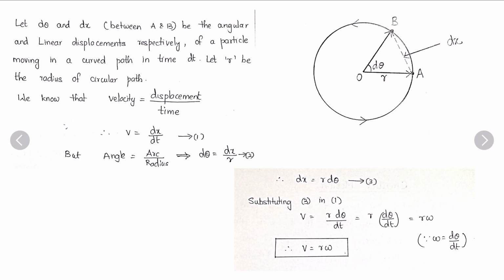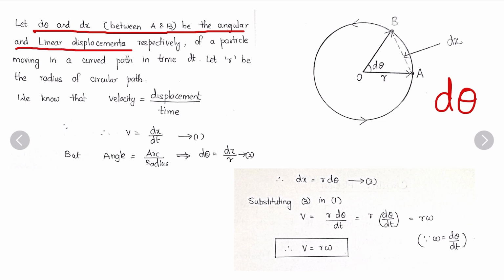Now when the object has moved from A to B, it makes an angle d theta. So let d theta and dx between A and B be the angular and linear displacements. Linear displacement is along the straight line AB.